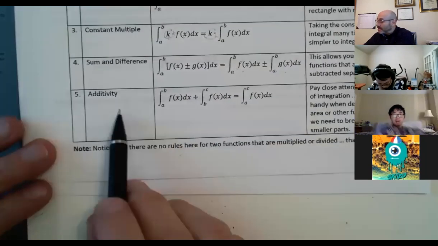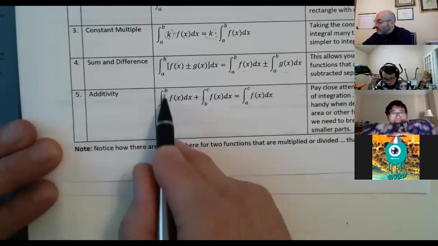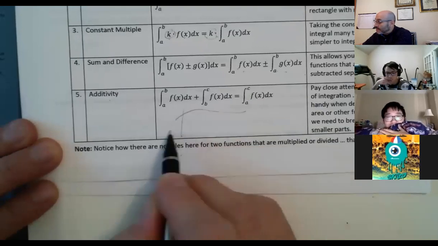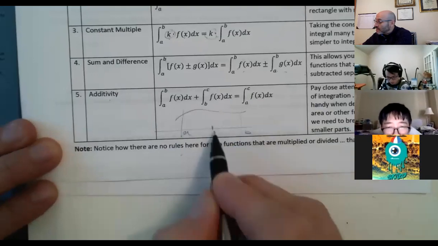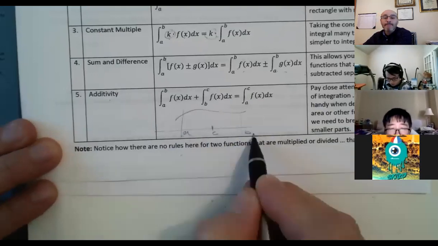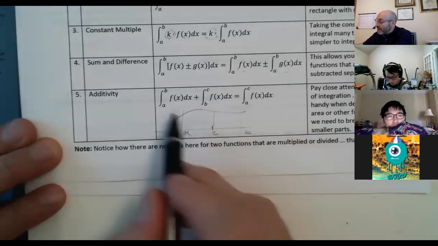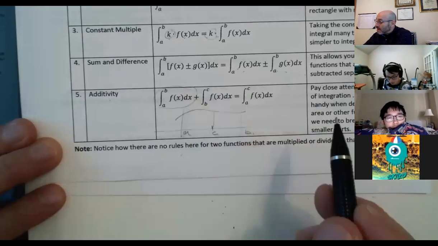And then the additivity part is that, notice, we go from A to B. So let's say I have a function, right? This is A and this is B. Well, if C is in between A and B, then the area from A to B, this integral, right?